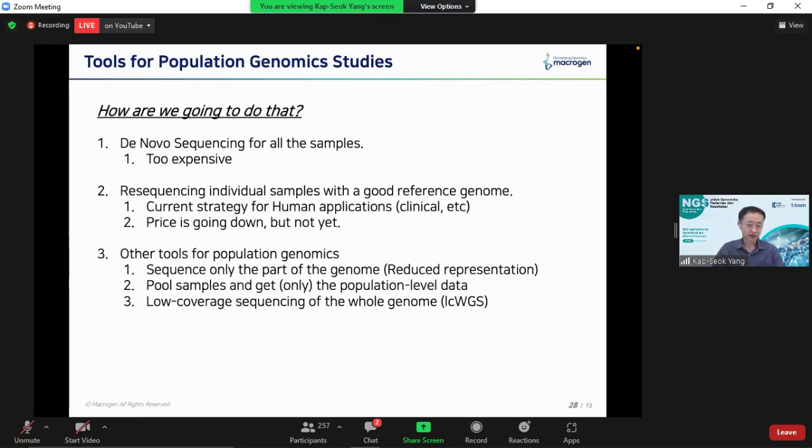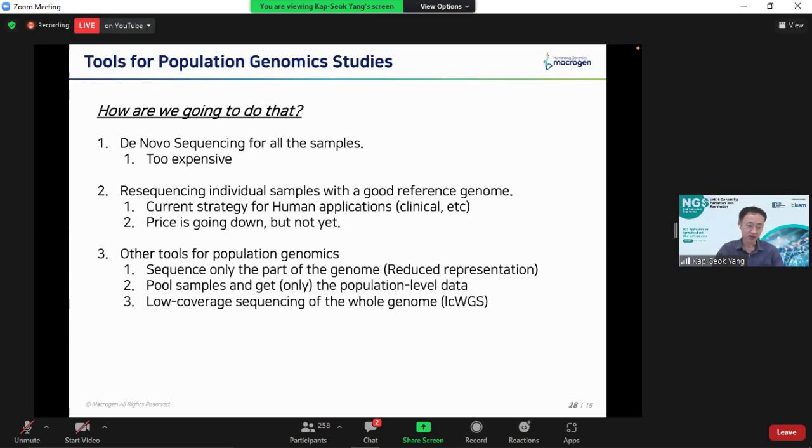So the first thing the genomics society studied was they decided to sequence only some part of the genome, not the whole. This actually came from the epigenomic studies, which first introduced the reduced representation library.